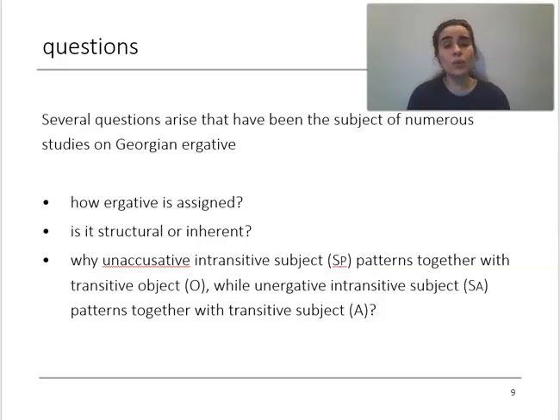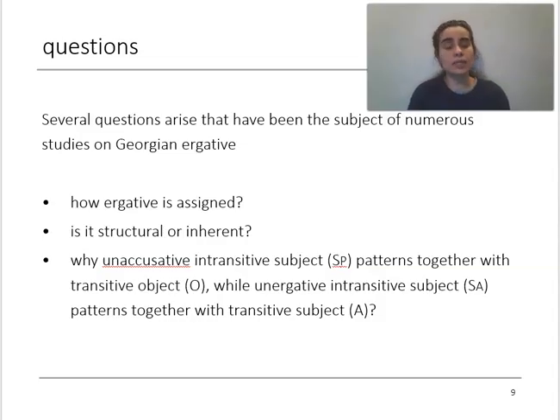On the second question, for example, is it structural or inherent, there can be very interesting views, because we can look at Georgian ergative from both points of view. It has mixed properties, so some properties can indicate that it's inherent, some properties may indicate that it's structural, and we have to find our solutions for these facts.